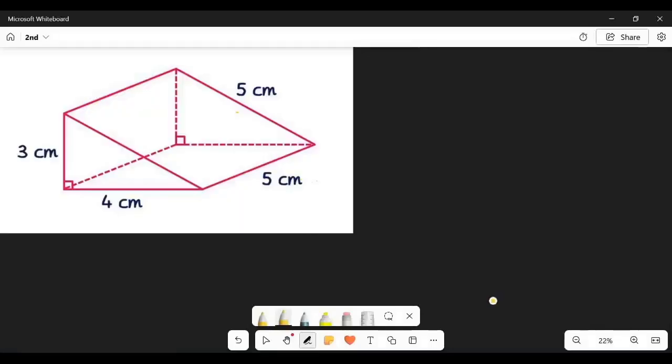So now that we have the formulas, let's find the volume and surface area of this 3D triangle shape. To find the volume, we have to calculate the area of this cross section first, then multiply with this length. Let's find the volume. We know the formula of a triangle's area, half into length into breadth. Length would be 3 and breadth would be 4.